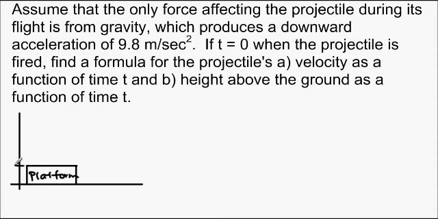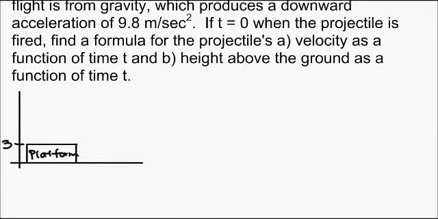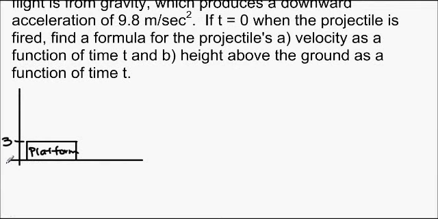And that is 3 meters above the ground. This is 0, height of 0. So whatever this is, it's getting shot straight up into the air. You know, it's going to curve back down. So here is our projectile. And this is the ground.